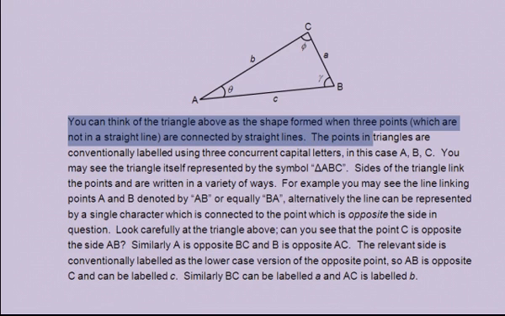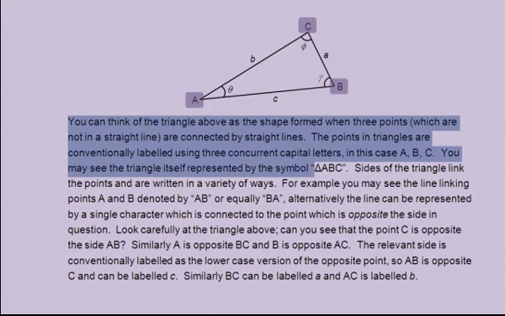The points in a triangle are conventionally labelled using three concurrent capital letters, in this case A, B and C. You may see the triangle itself represented by the symbol triangle ABC.